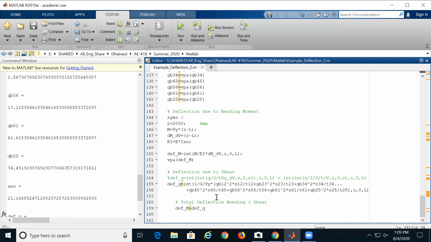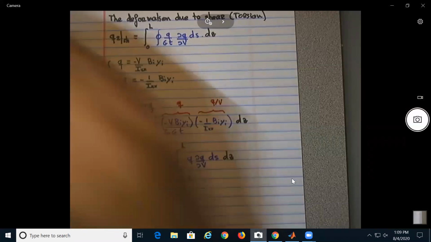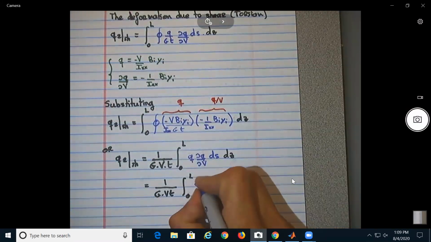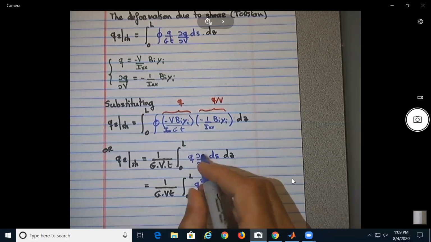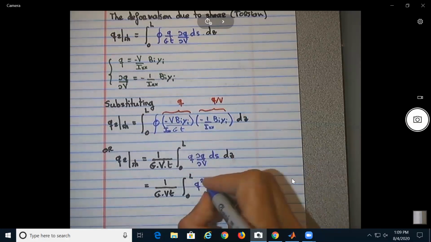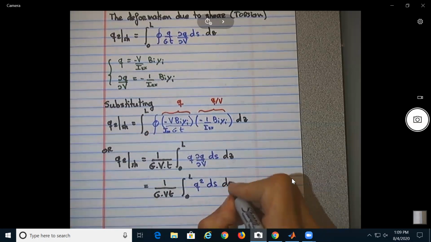Okay, or this, actually I should have done it a little bit faster. It should be 1 divided by G Vt integral 0 to L of the, I'll finish in 2 lines, okay? Okay, Q square, so this will be Q over V, so it will be Q square ds dz.